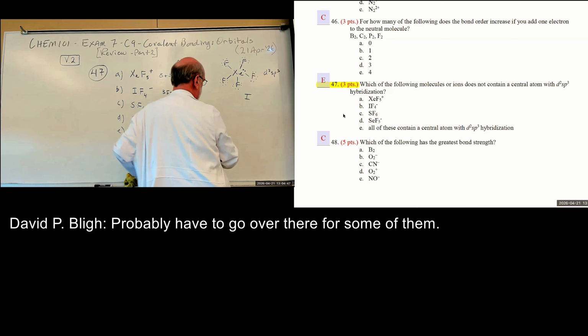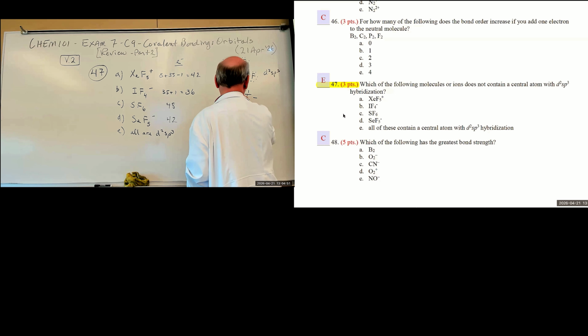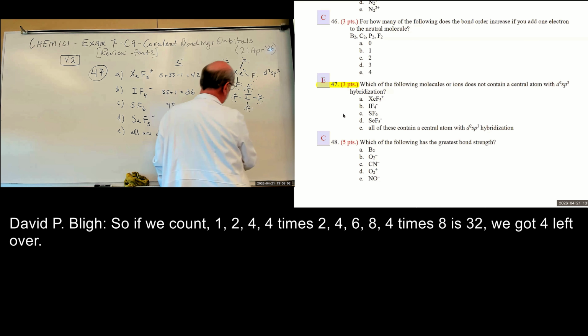And we have 4 fluorines. So if we count 4 times 8 is 32.